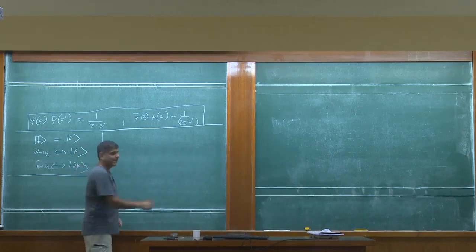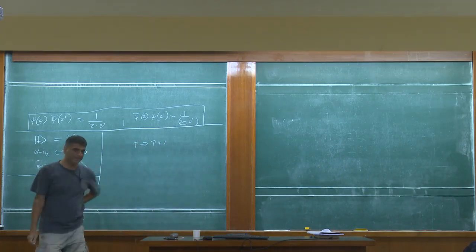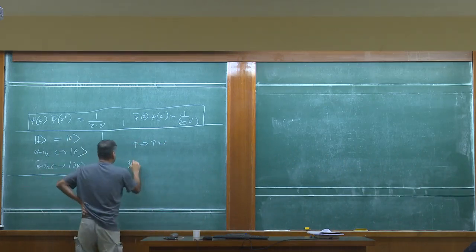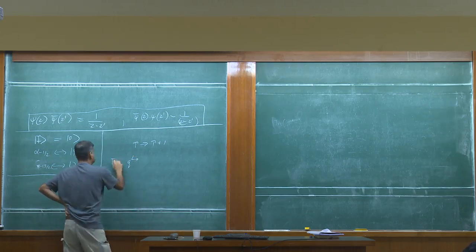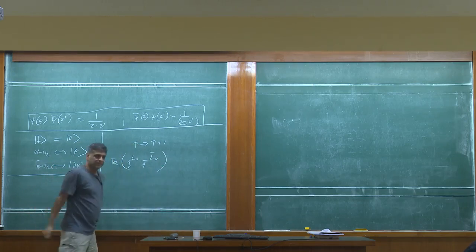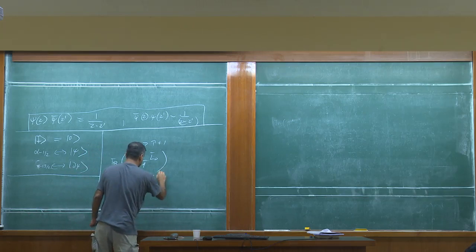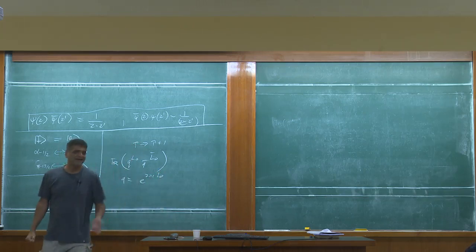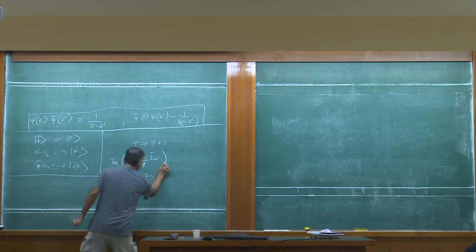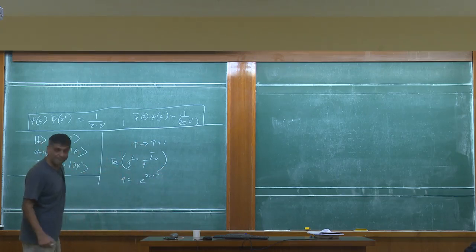One of these discrete guys is tau goes to tau plus 1. Okay? So remember that our partition function was the trace of q to the L naught times q bar to the L naught bar, where q was equal to e to the power 2 pi i tau, and similarly with q bar.